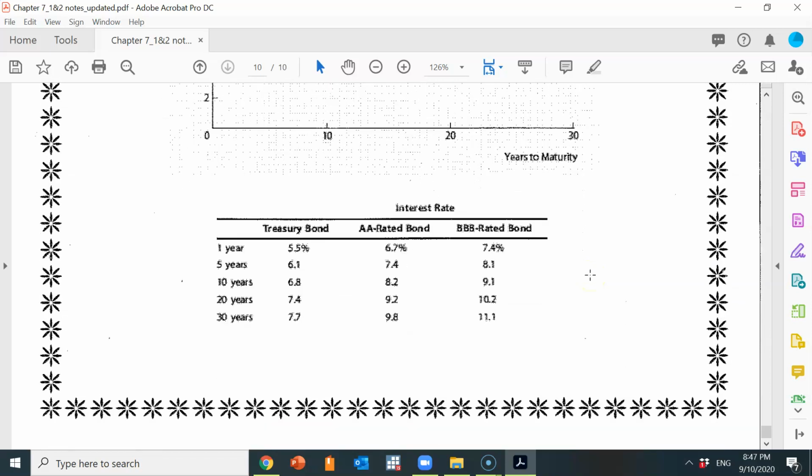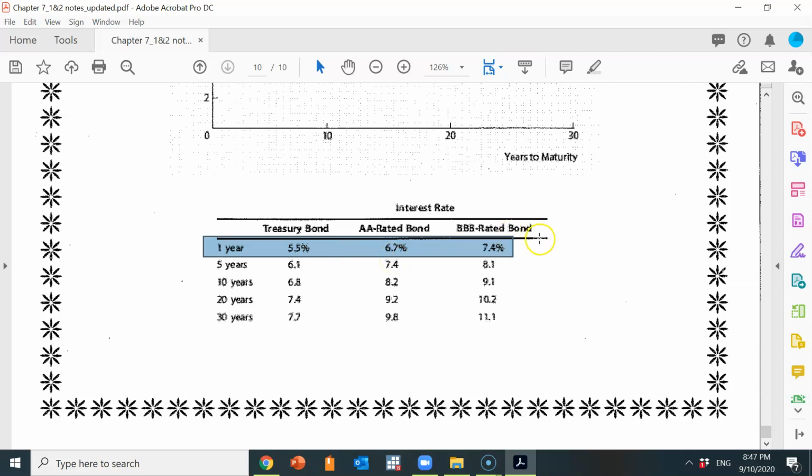Let's look at the last graph here, for treasury, AA rated, and BBB rated bonds. We can see that from 1 year to 30 years, all three bonds have increasing interest rates as time goes up because of the higher MRP. But for bonds with the same maturity, such as the 1-year bond, the AA rated bond has a higher interest rate than the treasury bond because it has higher risk.